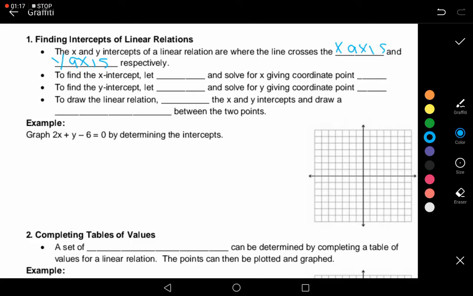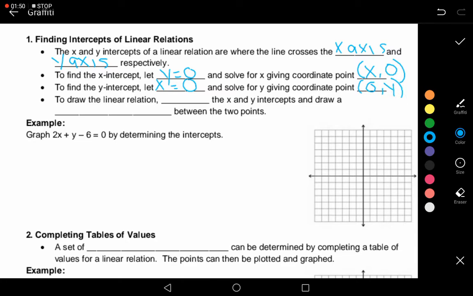To find the x-intercept, we're going to let y equal 0 and solve for x, which will give us a coordinate point x, 0. Because if we look at the x-axis here, the y has to be 0 for us to actually be on that x-axis. On the other hand, if we're looking for the y-intercept, we're going to let x equal 0 and solve for y, giving us the coordinate point 0, y.